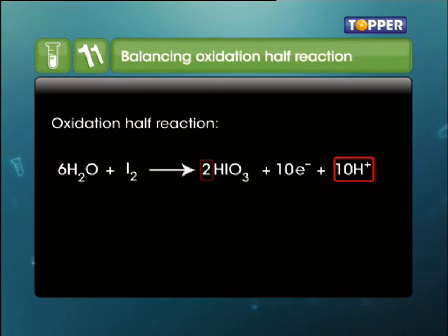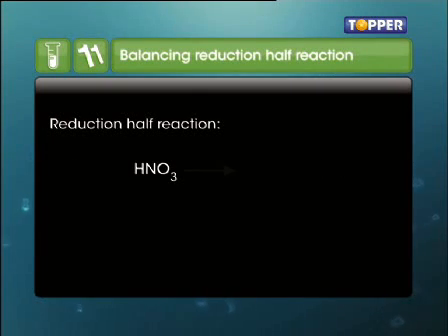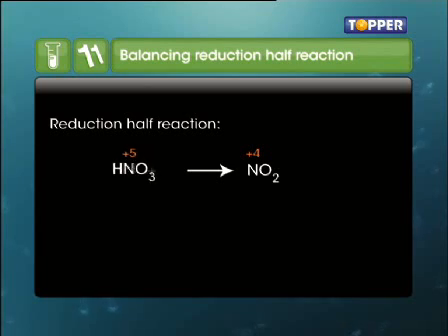Since there are 2 hydrogen atoms already present on the product side, we only add 10 H+ ions to the deficient side. We will balance the reduction half reaction in a similar way. First, we balance the decrease in oxidation number by adding the number of electrons to the reactant side.